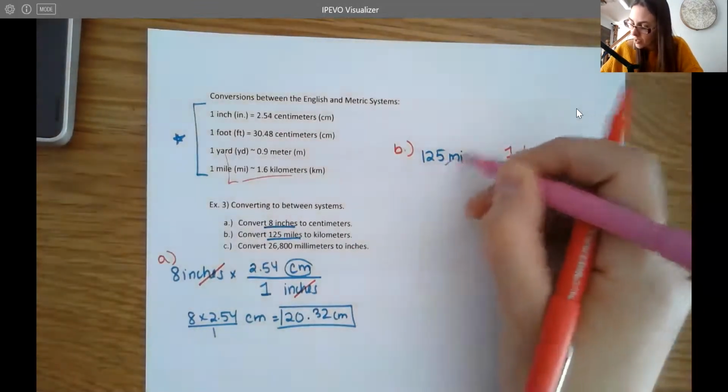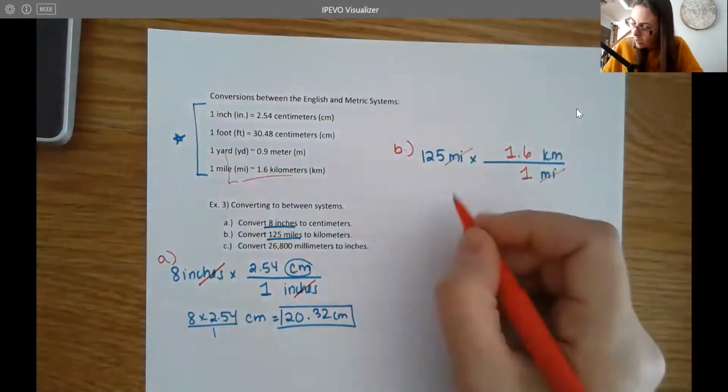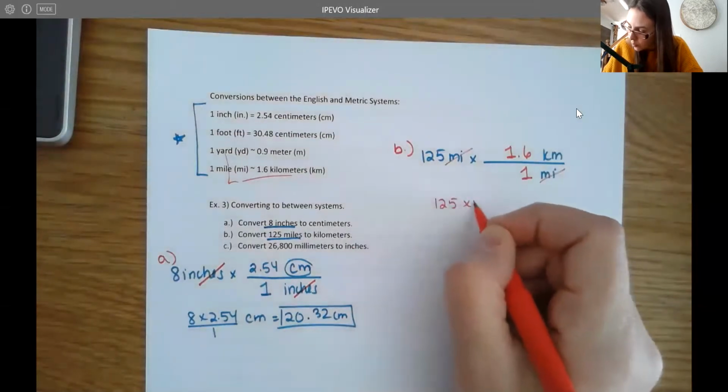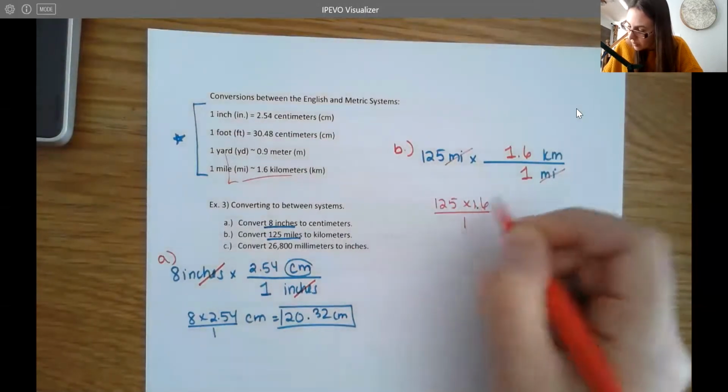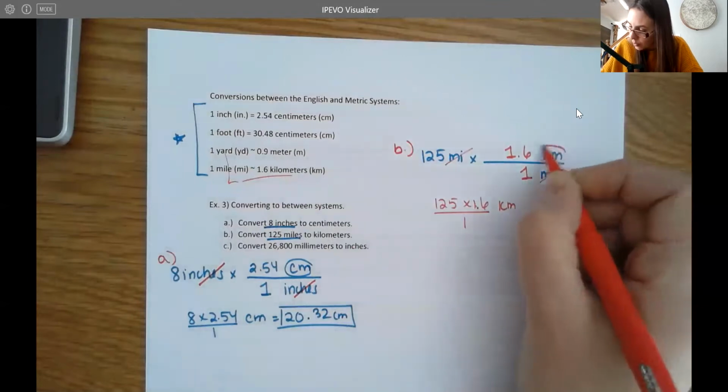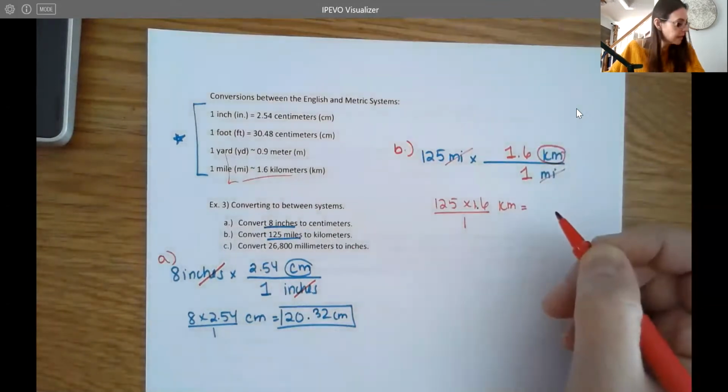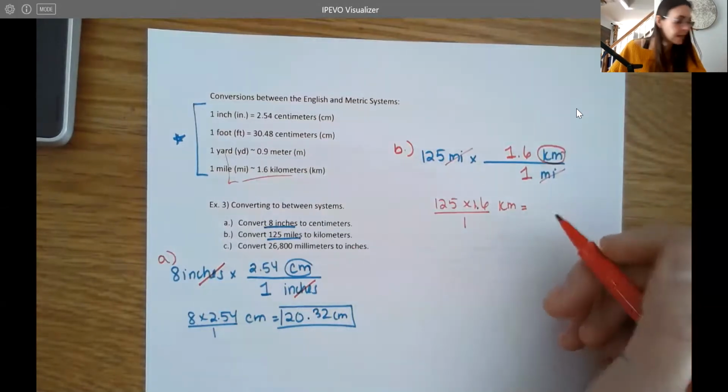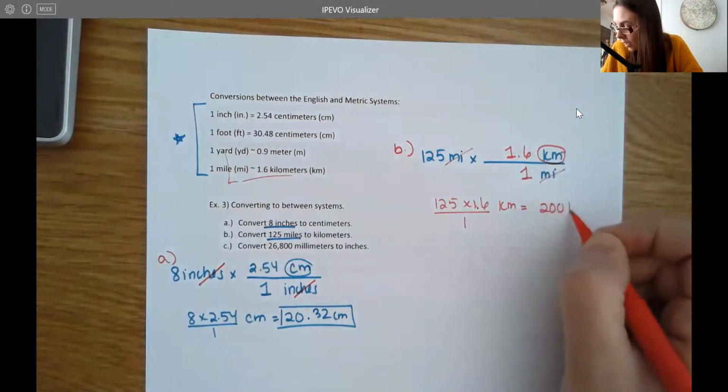So my miles are going to cancel. I get 125 times 1.6 over 1, and again, my new units are kilometers. So once I multiply this through, 125 times 1.6, I get 200. So 200 kilometers.